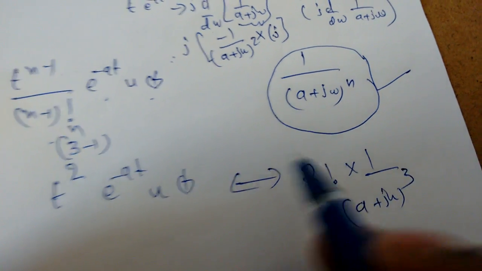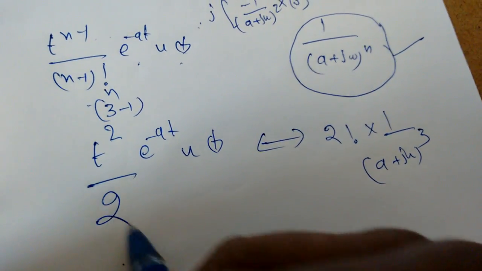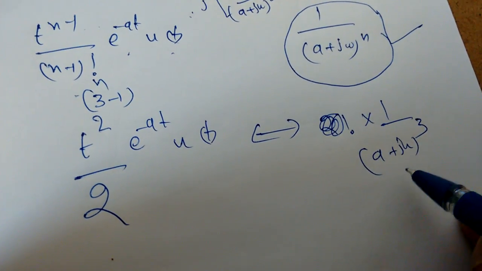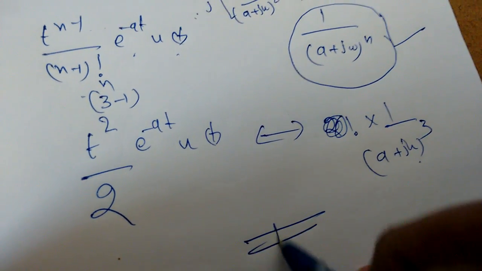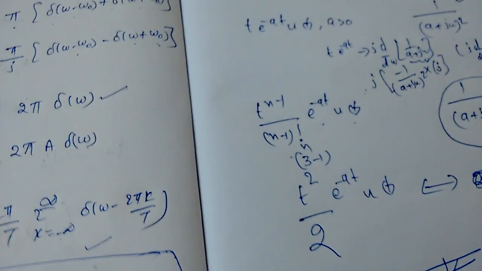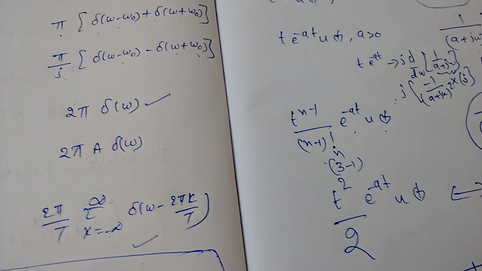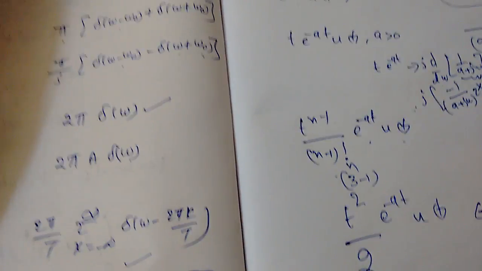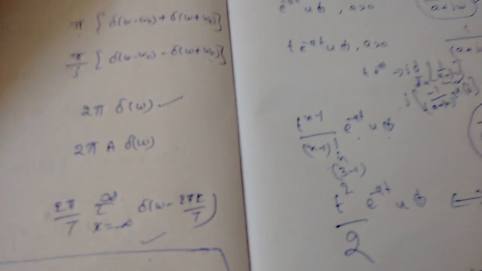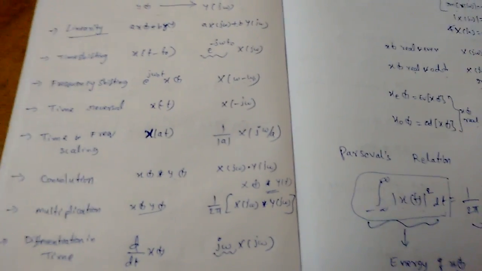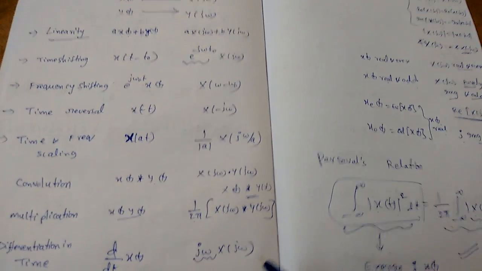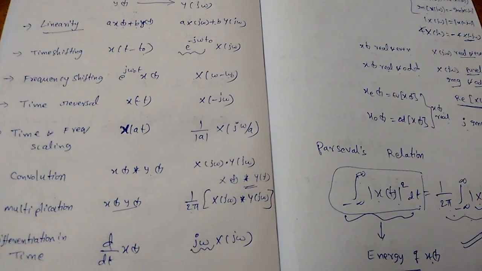So if it is t² by 2, we will get simply 1 by (a plus jω) whole cube. This is about the Fourier transforms of some signals as well as the properties of the Fourier transform. Again I am telling you, remember these properties, and you can easily solve the GATE problems.